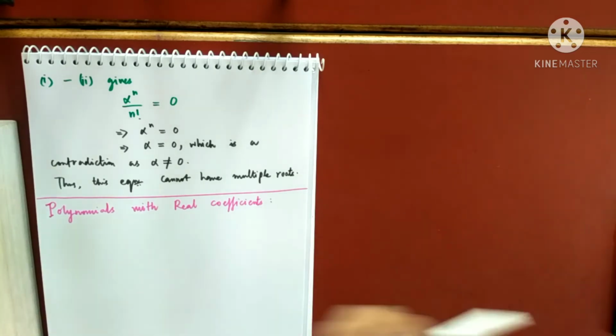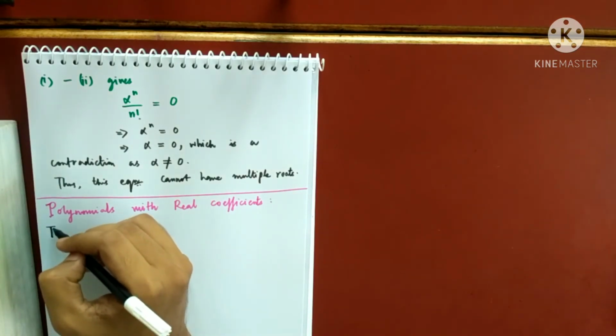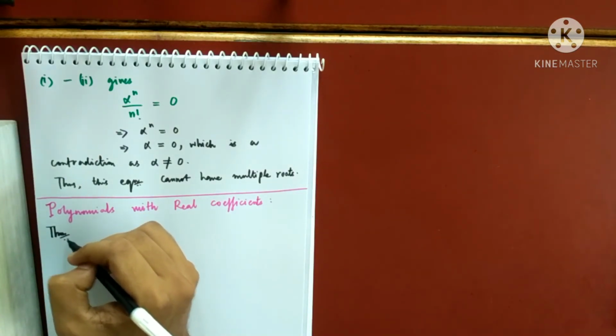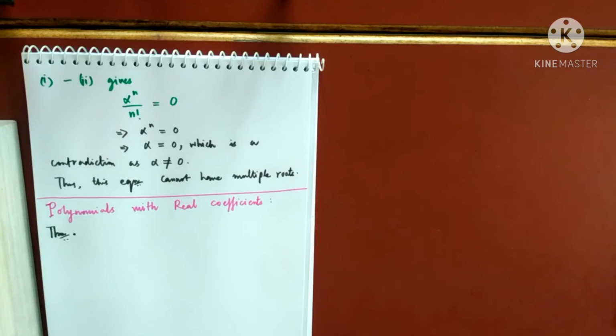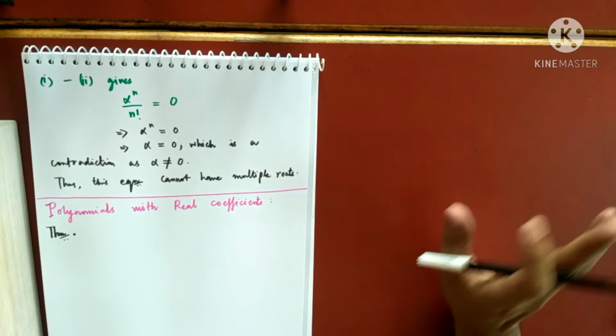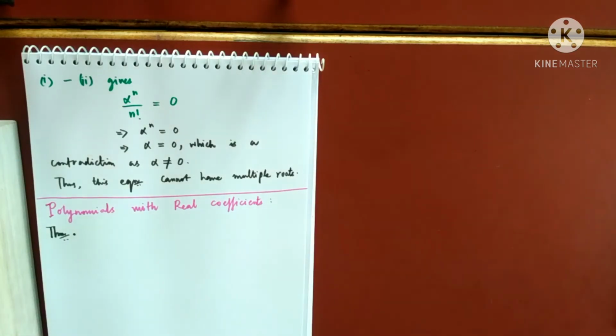So this is the first theorem that I will do in this case. I'll just state the theorem today and prove it in the next class. This theorem will hold only for polynomials with real coefficients, not for complex coefficients. So let me state the theorem first of all.